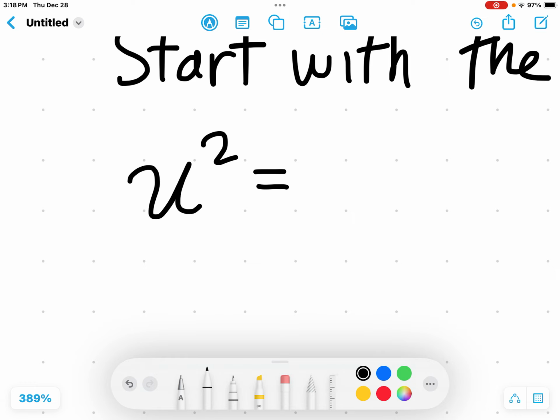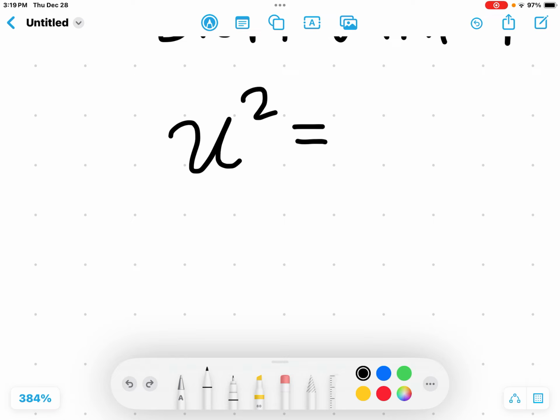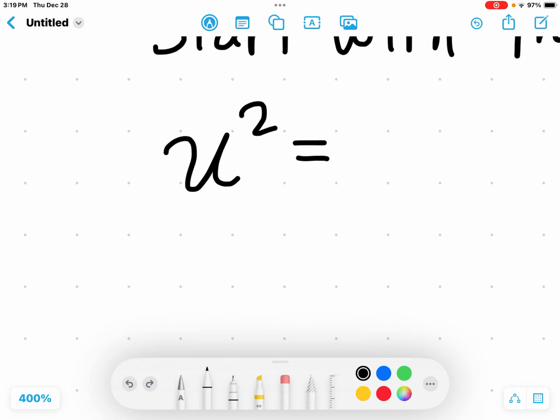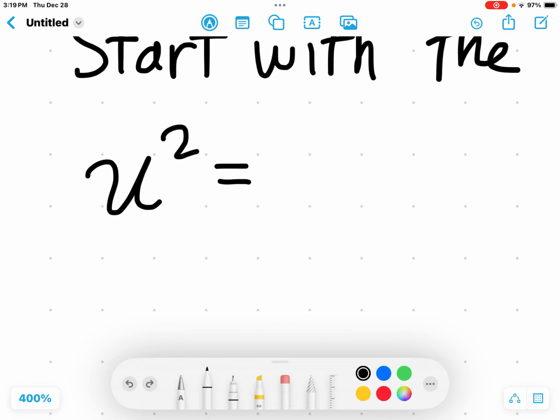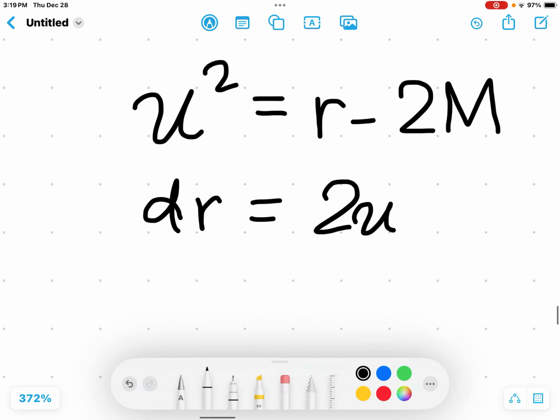If you have taken general relativity, don't confuse this u with the 3-velocity u tilde. This is a different variable. All right. So I'm going to set u squared equal to r minus 2m, where m, of course, is the mass of my Schwarzschild sphere, and dr equals 2u du.